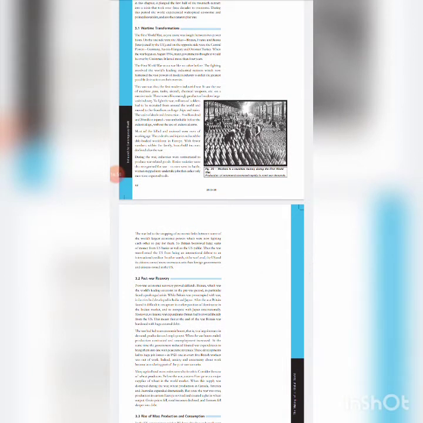The First World War was fought between the Allies, Britain, France, and Russia, later joined by the US, and the Central Powers, Germany, Austria-Hungary, and Ottoman Turkey. The war lasted for more than 4 years and involved the world's leading industrial nations.